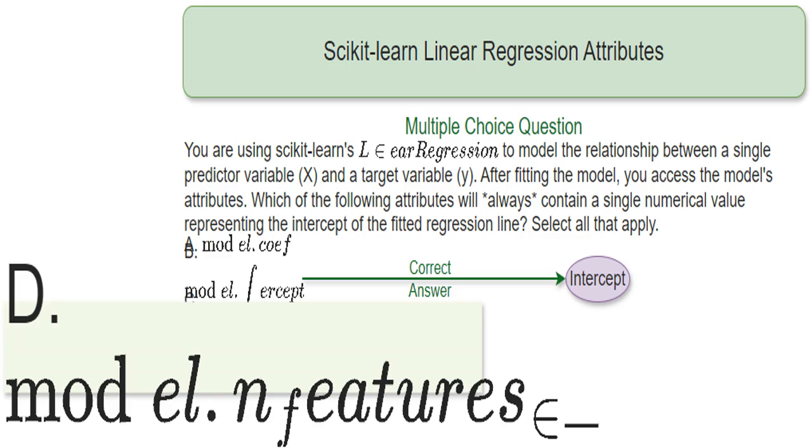The model.coef_ attribute gives me the slope of my line, how steep it is. It's not the intercept. The model.n_features_in_ attribute tells me the number of predictor variables, features, I used in my model, which is not related to the intercept of the regression line.